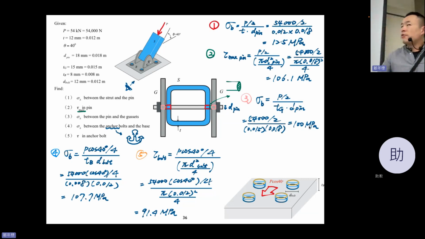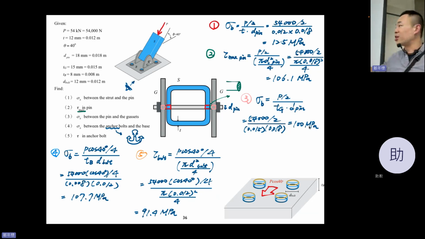So maybe you will figure out why we need to calculate all these values, because we need to look at whether those values exceed the material capacity. So maybe some material cannot afford such big shear stress, or may not be able to handle such big bearing stress.